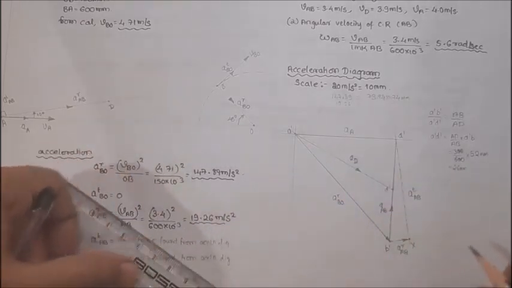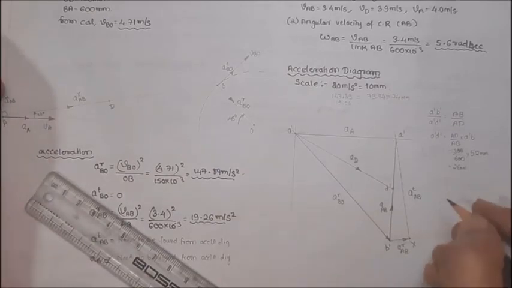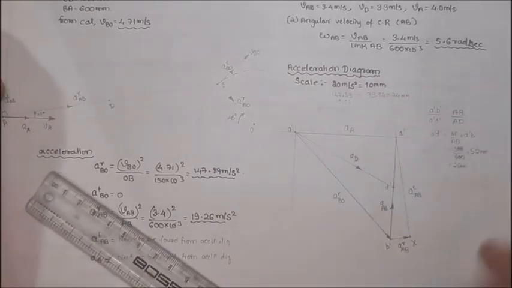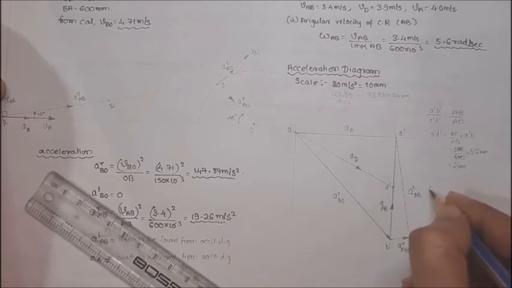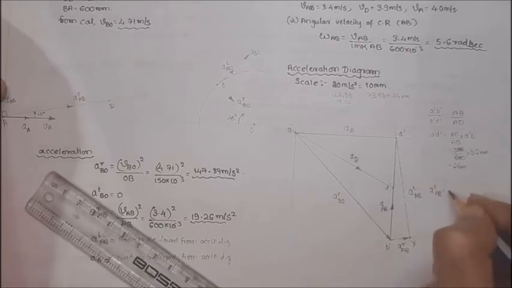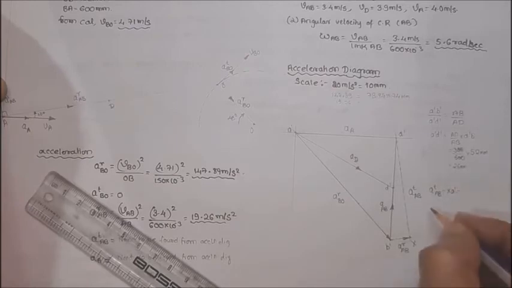So what needs to be measured from the diagram? We need the tangential acceleration of AB, that is vector X A dash, then the acceleration of D, that is vector O dash D dash.